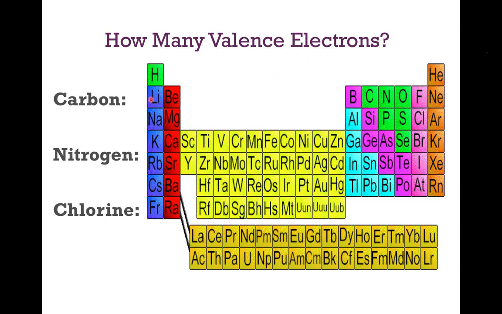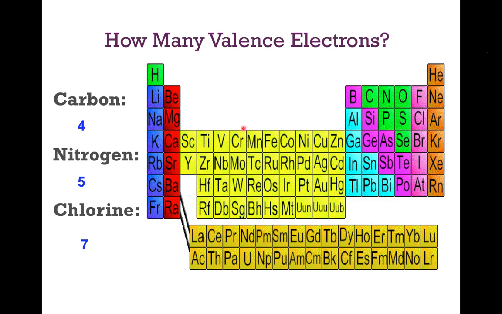So this is 1 valence electron, 2, 3, and 4. Carbon has 4 valence electrons, and then nitrogen, moving 1 over, has 5, and if we move 2 over, this column has 7 valence electrons. So in the columns you'll see 1, 2, 3, 4, 5, 6, 7, 8.